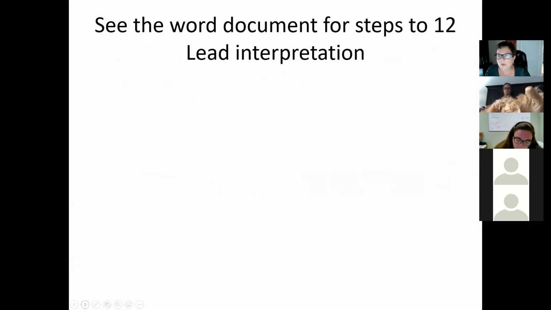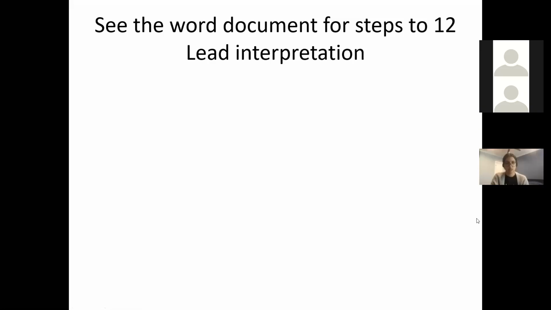So I sent you a Word document that gives you the 6 steps of how to interpret a 12-lead ECG. And so I don't think they'll ask you questions about axes because nobody really cares about axes. They might ask you about peaked T waves.